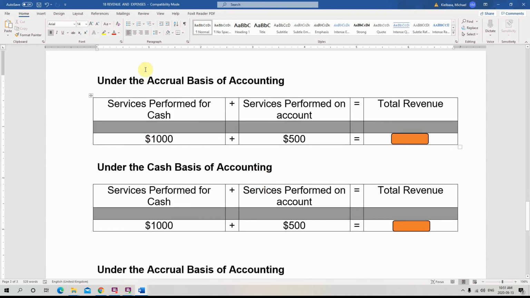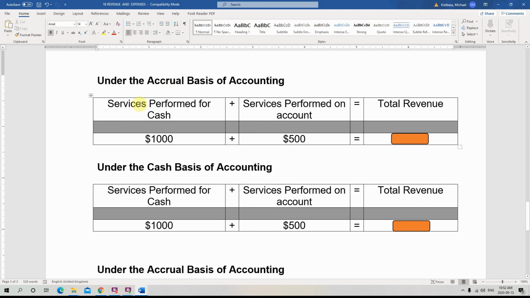All right, so on top we have the accrual basis of accounting, and underneath we have the cash basis of accounting, and you'll notice that the numbers are exactly the same. Under the accrual basis of accounting, you have to understand when something is recorded as revenue. It's revenue when the service is performed, not necessarily when the cash is received.